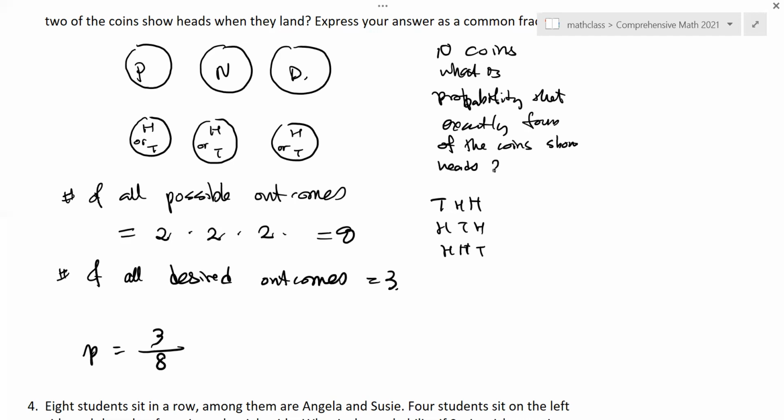You can line up coin 1, coin 2, coin 3, and for each coin there are 2 possibilities, either tail or head. So you have 1, 2, 3, 4, 5, 6, 7, 8, 9, 10. Any idea?